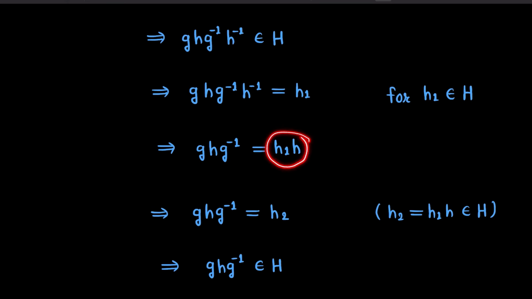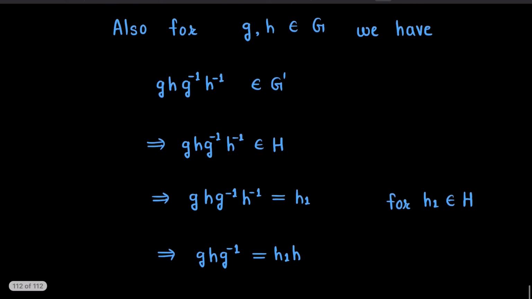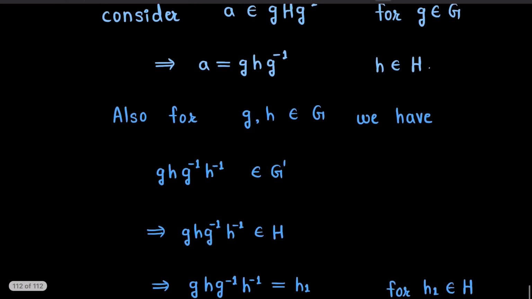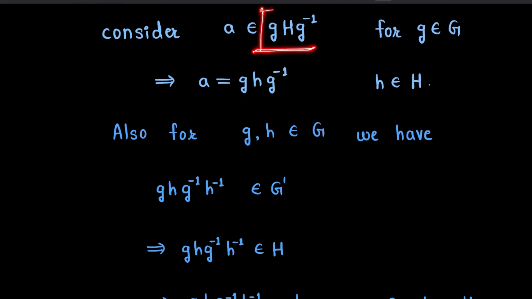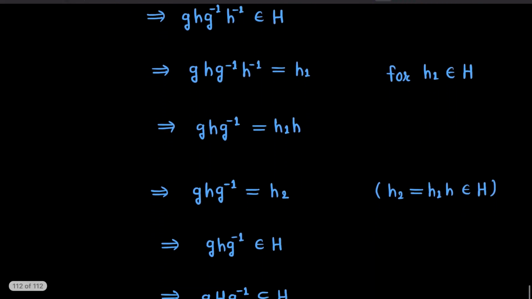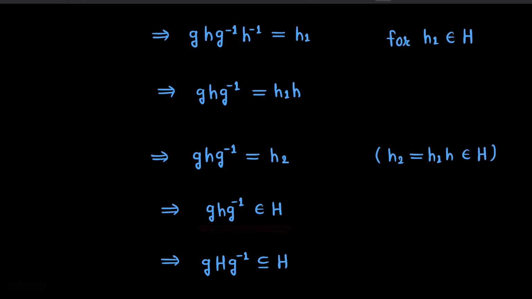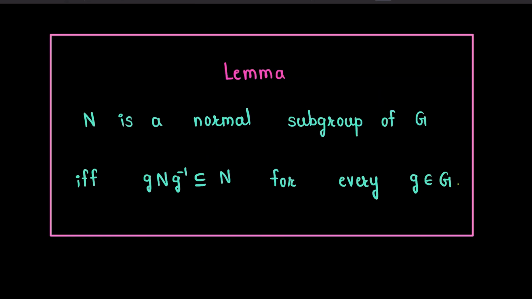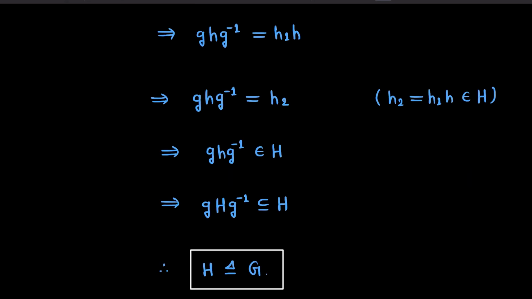Now this h1h will be equal to some h2 in subgroup H, and therefore ghg inverse will be an element in H. And as this a, that is ghg inverse, is an element in gHg inverse, and also ghg inverse, that is a, will be an element in H, thus gHg inverse will be a subset of subgroup H, and therefore by this lemma we have H is a normal subgroup of group G, and this proves part D of this question.